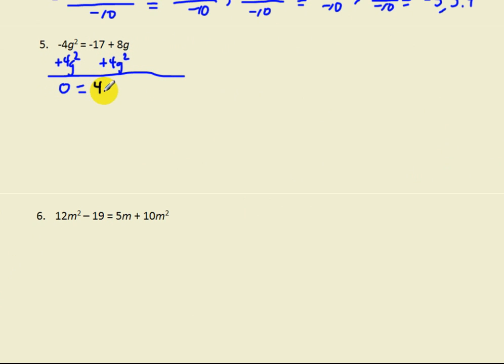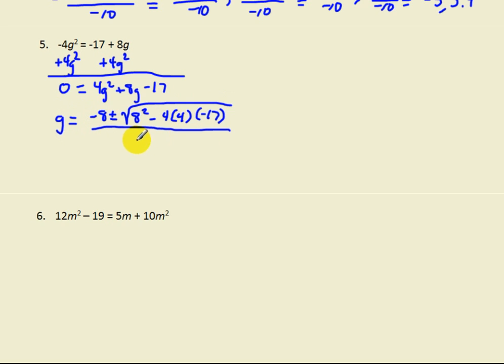So I'll write the 4g squared first, and then the g term, which is 8g, so plus 8g minus 17. And so now that this is set equal to 0, we can use our quadratic formula. So g is equal to negative 8 plus or minus, we'll have 8 squared minus 4 times 4 times negative 17, take the square root of that, all over 2 times 4.